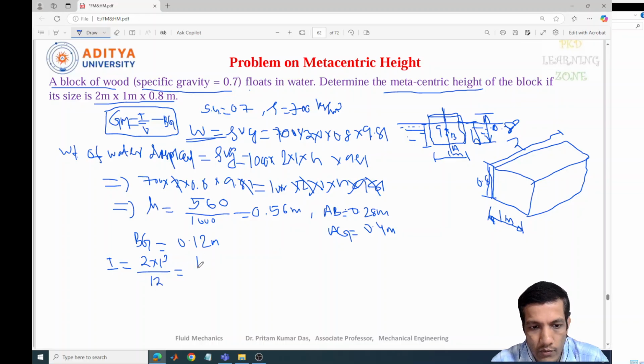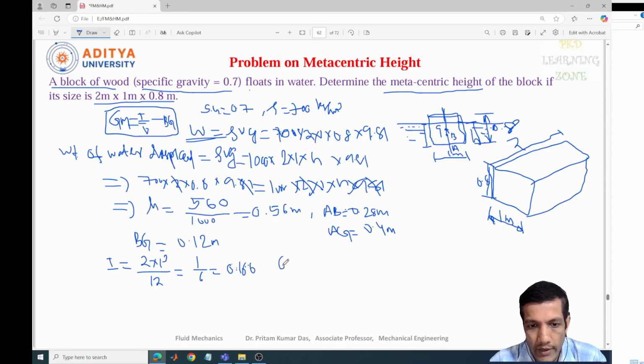So we'll get 1 by 6. 1 by 6 is nothing but we'll get 0.16, okay, 0.1666 is something we'll get. So this is the I value.